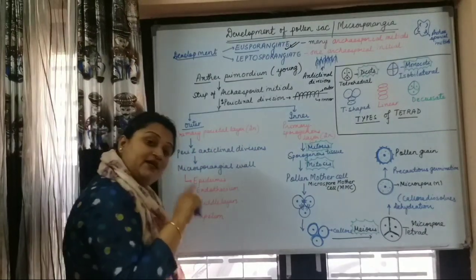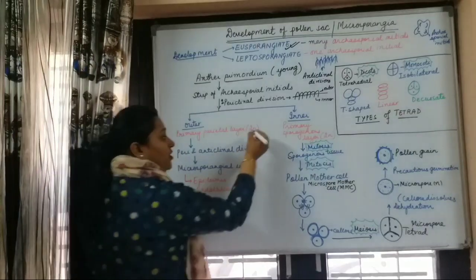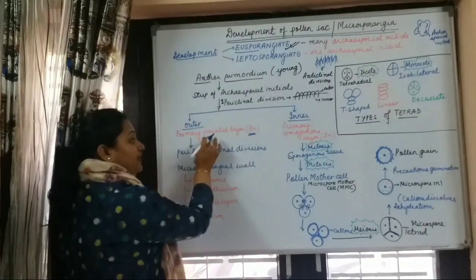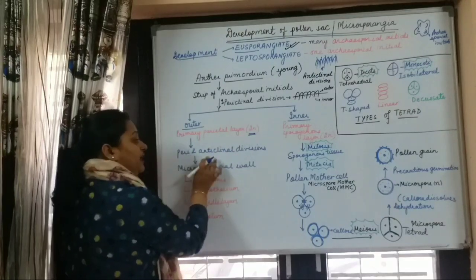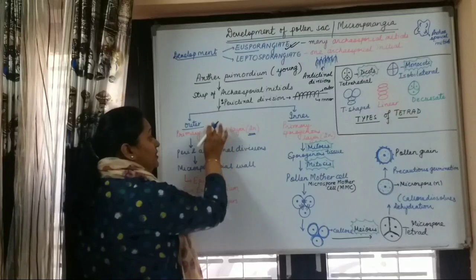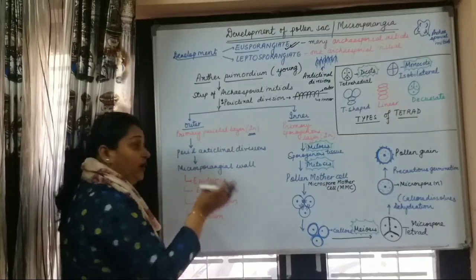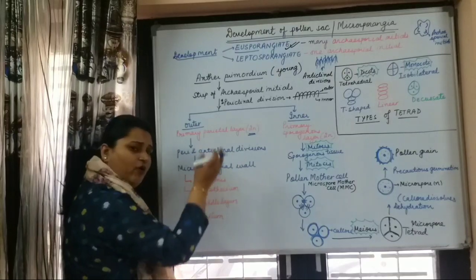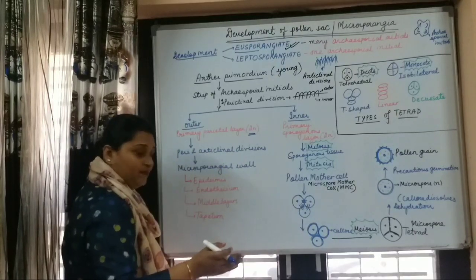As it is a result of mitosis, it will remain diploid. And then it undergoes periclinal and anticlinal divisions. When these layers undergo periclinal and anticlinal divisions, they form many layers in rows.